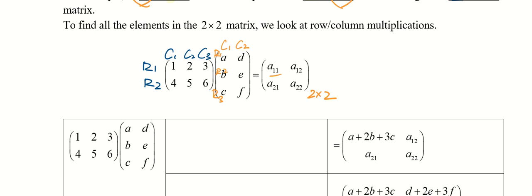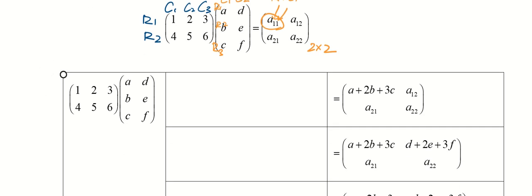Let's look at the very first position, A11. The 1, 1 will give you a hint: you take row 1 multiplied by column 1. I give you this table: this is row 1, which is 1, 2, 3. You multiply by A, B, C, which I highlighted.